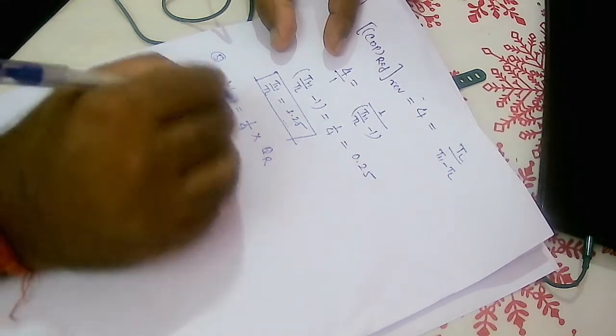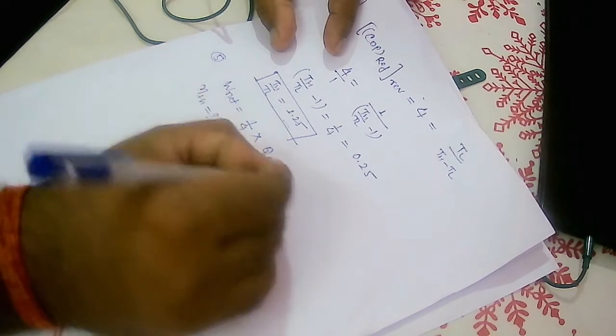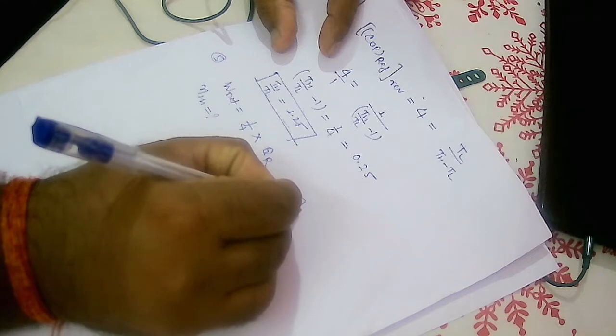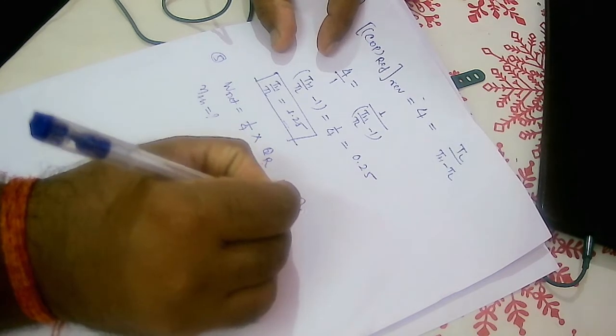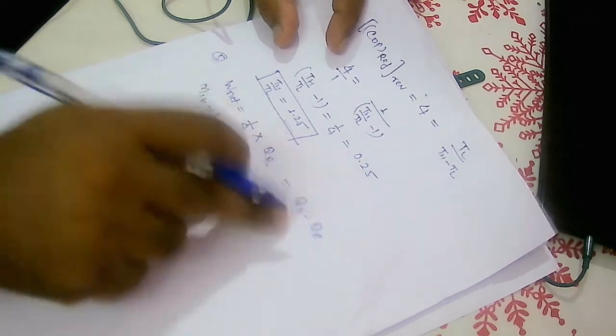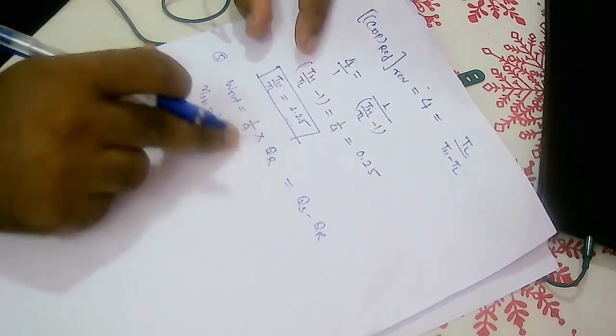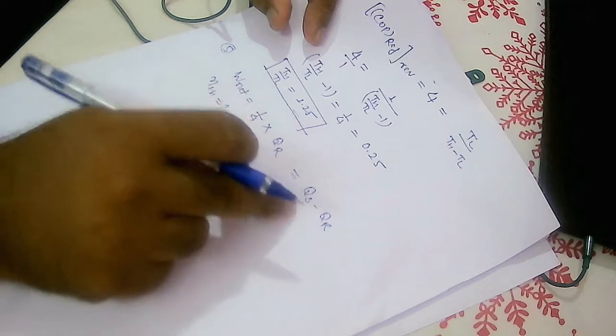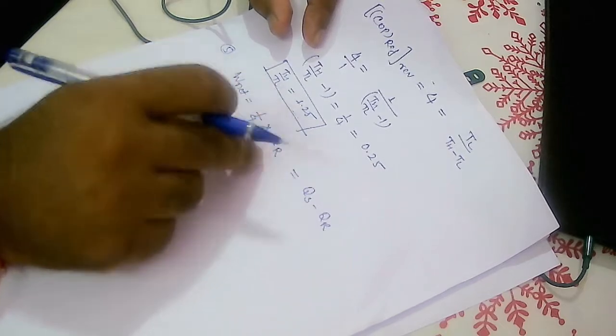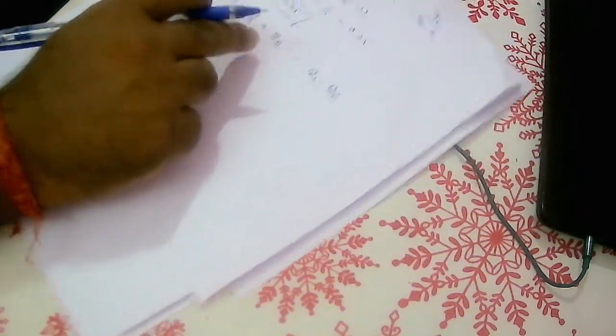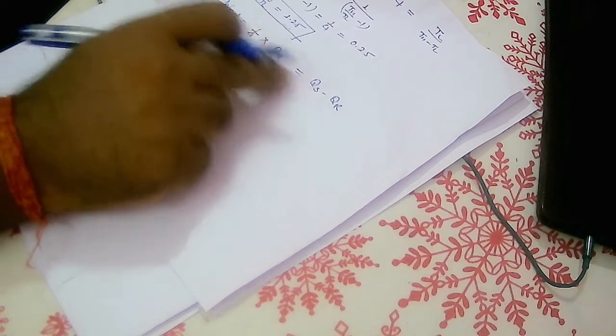So W net is given. This W net is nothing but Q supplied minus Q rejected, which is given as this much. So from here you can relate Q supplied in terms of QR. This relation is given, so you can rearrange it.